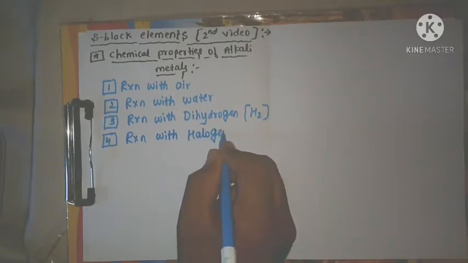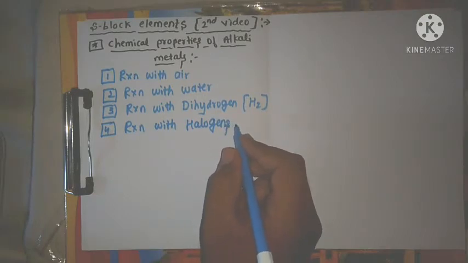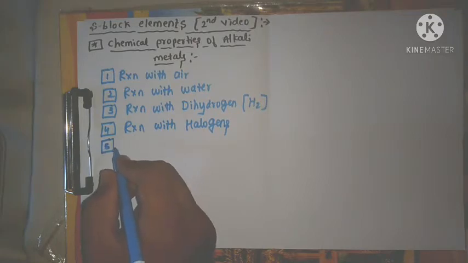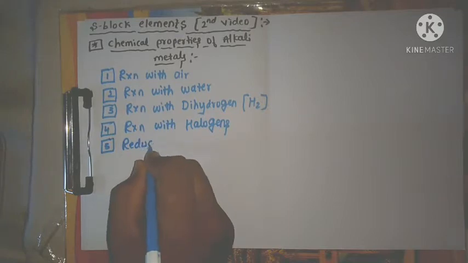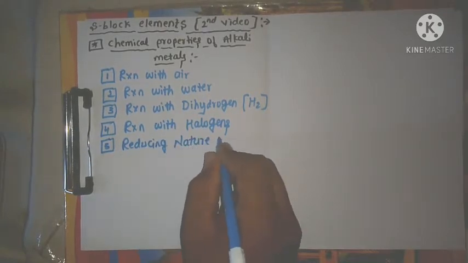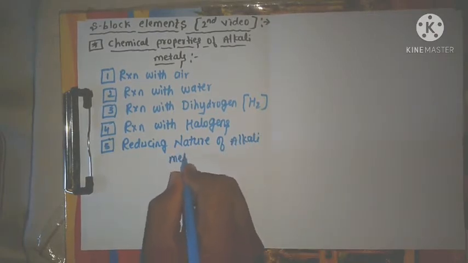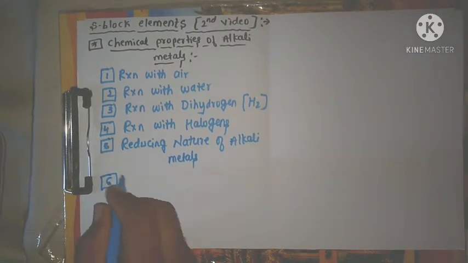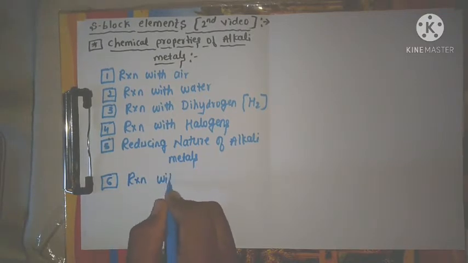Halogens means 17th group elements: chlorine, fluorine, bromine, iodine. Next, the fifth one is the reducing nature of alkali metals. And the last chemical property is reaction with ammonia.